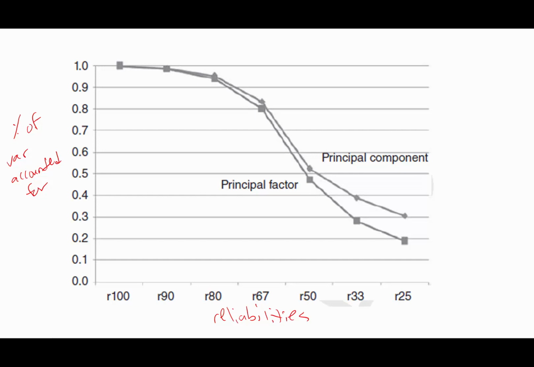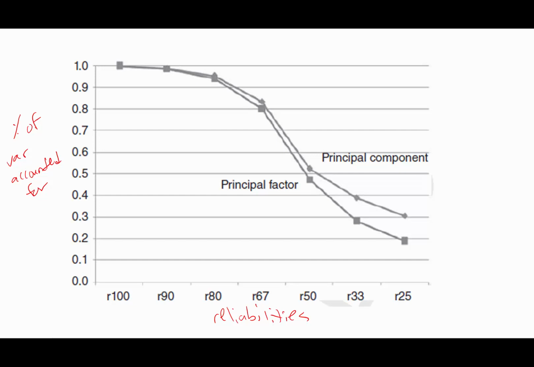Notice that the two methods are very similar in their values at the highest levels of reliability, R100, R90, R80, even R67, but they begin to diverge at the lower levels, 0.50, 0.33, 0.25.